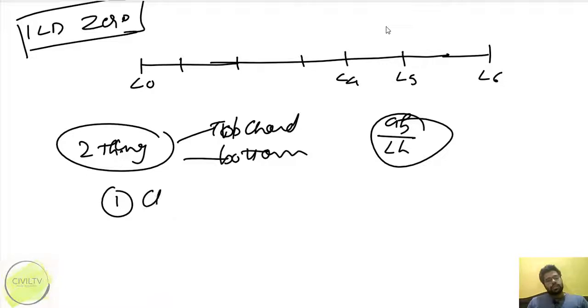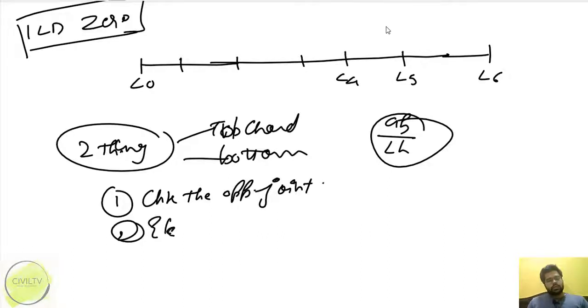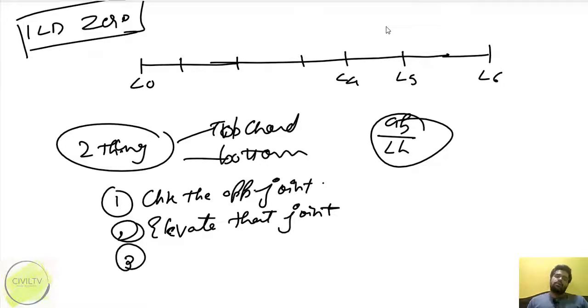Second, elevate that joint. Third, the value, the intensity, will be AB upon LH.